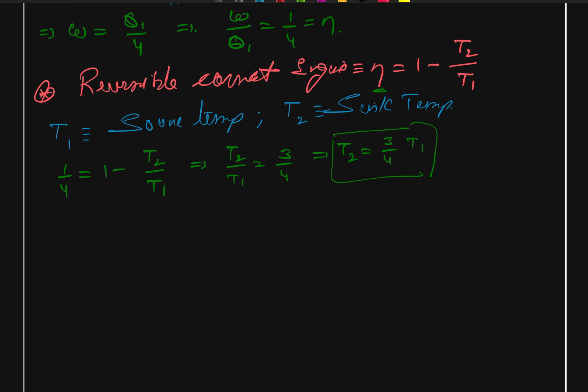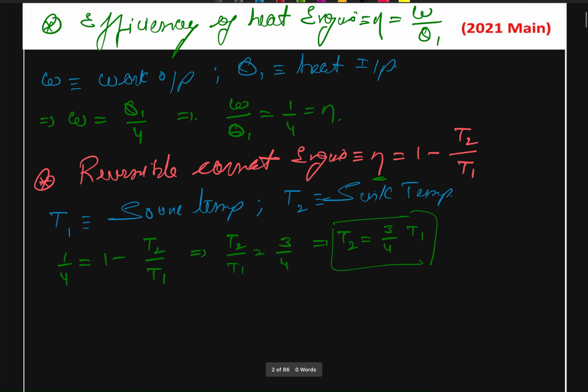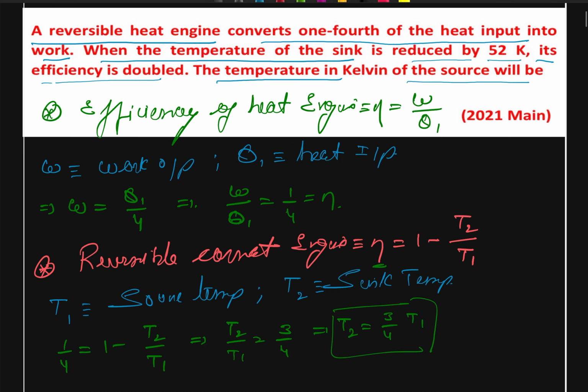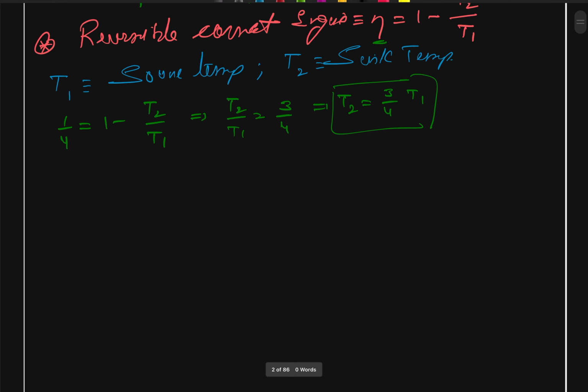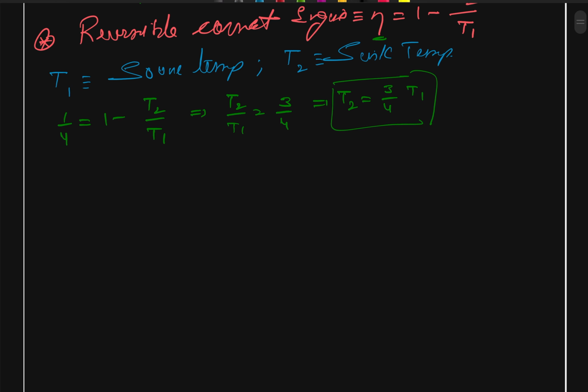Now in the second case, it says that the sink temperature is reduced by 52 Kelvin.